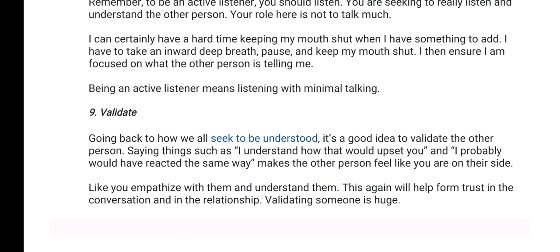So you can use certain sentences or words to validate the other person, and this is going to help to build a good relationship with the speaker, and this will help to form trust, and this will also make both the speaker and the listener happy.